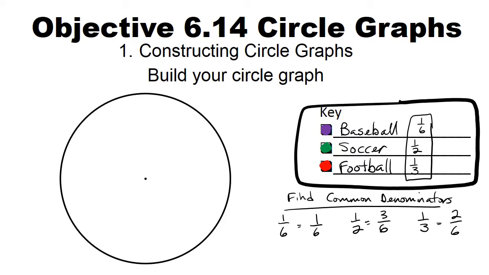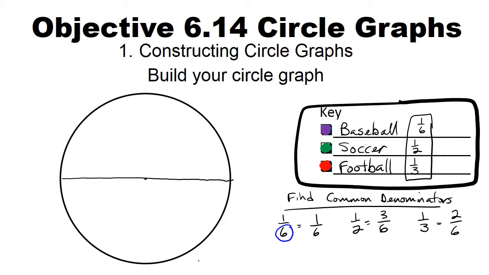So with this information here, 6 is our common denominator. So now what we have to do here on our circle graph is to create 6 equal parts. So we're going to use a straight edge, any kind of straight edge that you have here. I'm going to create my 6 equal parts.